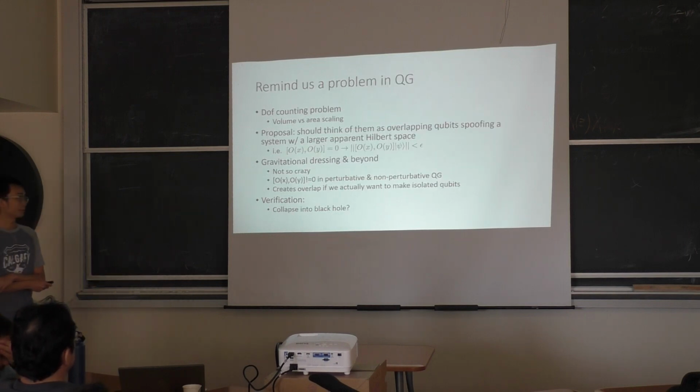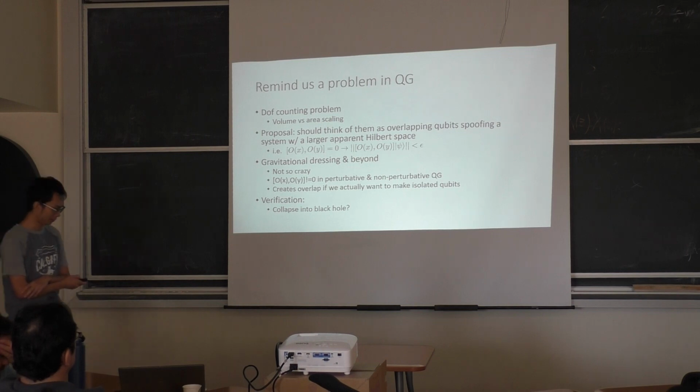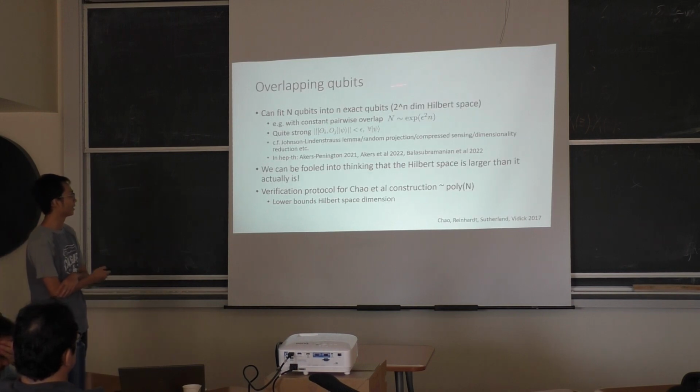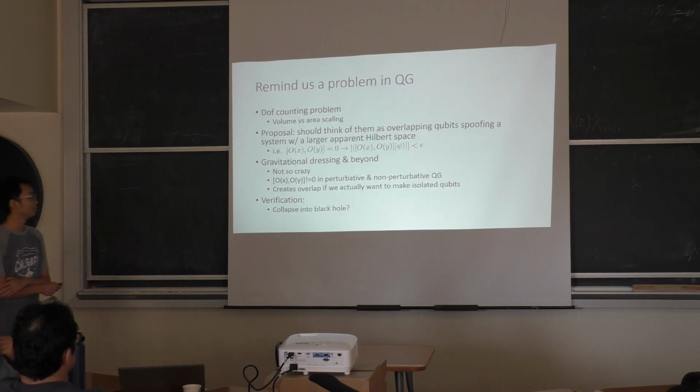Now let's come back to gravity. Essentially what happened over here is a degrees of freedom counting problem, in quantum information. But we also have a degrees of freedom counting problem in gravity.